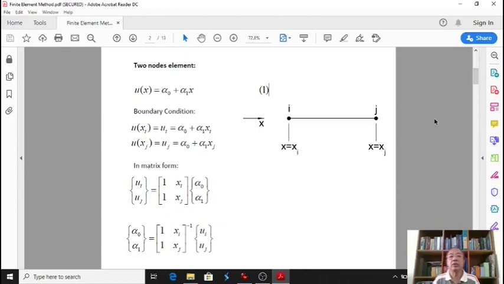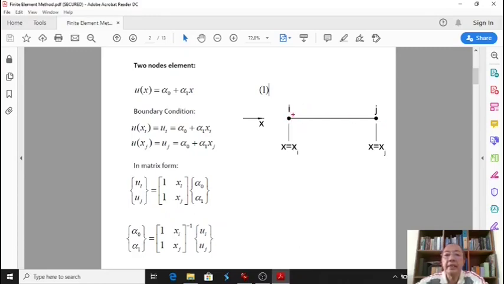Okay, we start with displacement. In finite element, we need to start with displacement first. Let's consider this element.